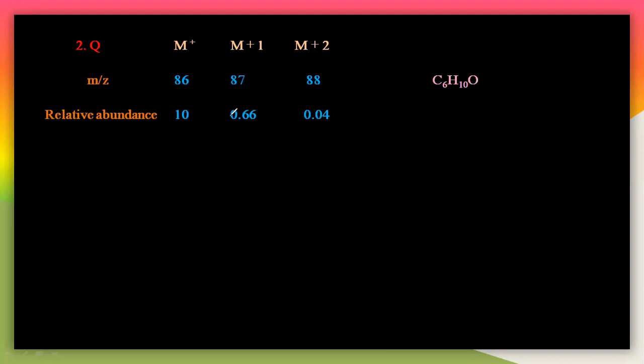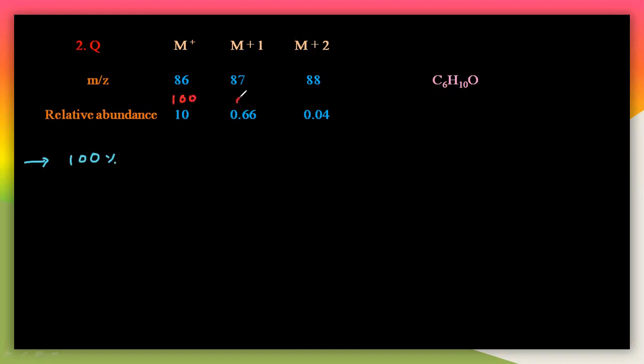Actually, here this is not 0.56, it is 0.66, because the number of carbons is actually 6. So let us understand the number of carbons. We can calculate the number of carbons by using the M+1 peak intensity. Once again, in the first step, we make the base peak 100%.